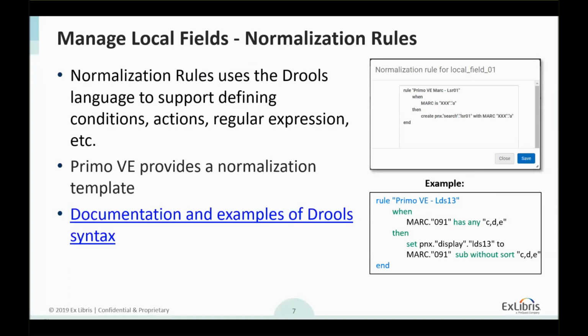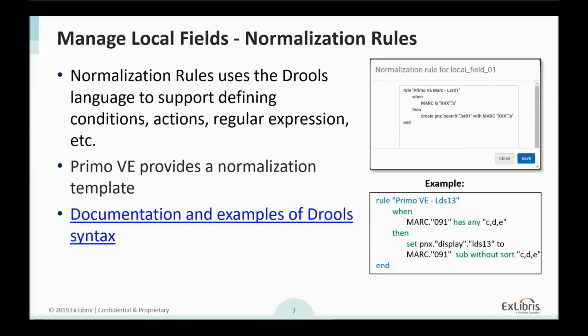You can see here that when starting to define a normalization rule for a local field, there is a template of the normalization in order to assist in the creation of the normalization rule.